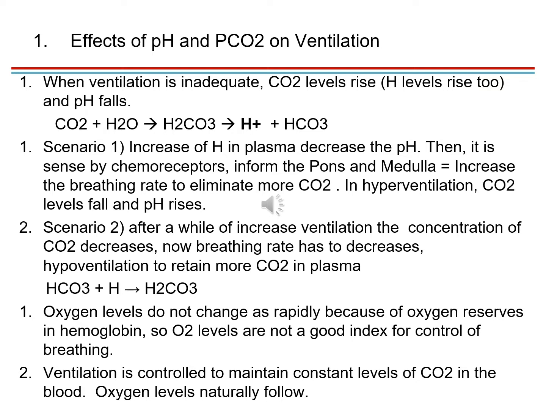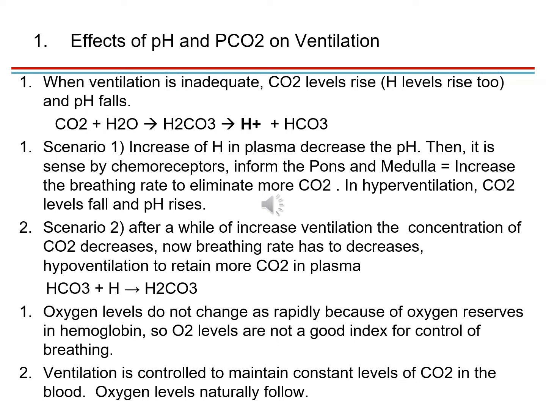Now, oxygen levels do not change as rapidly because of oxygen reserves in hemoglobin, and that is a very powerful statement. We always try to think that our body senses the levels of oxygen most of the time, and it's not. Our chemoreceptors are more sensitive to the levels of hydrogen and carbon dioxide rather than oxygen levels. Why?